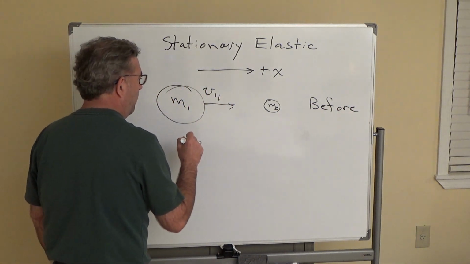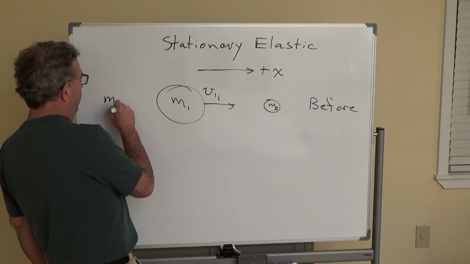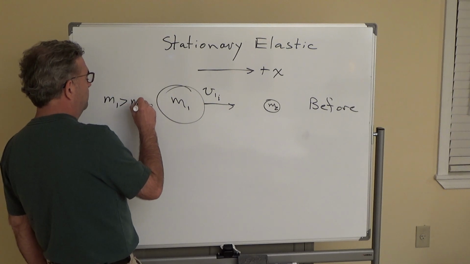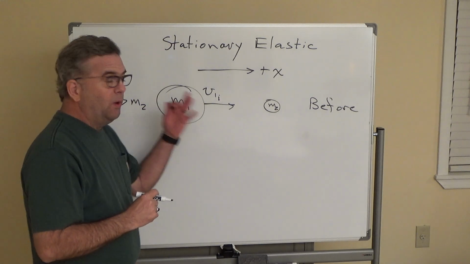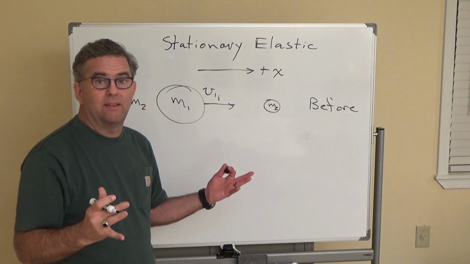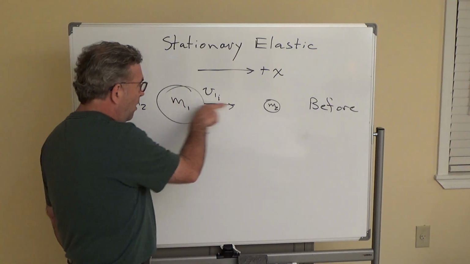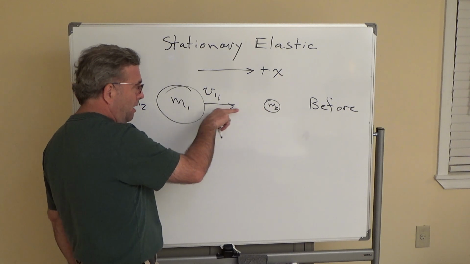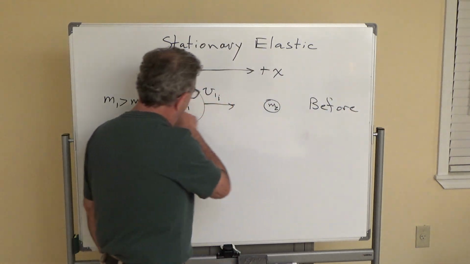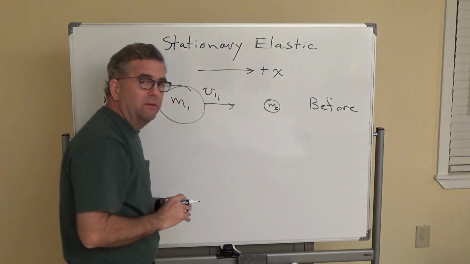This is before, and M1 is greater than M2. So what do you think's going to happen? Here's what I think's going to happen just from everyday experience. M1's going to come in, smash into M2. It's going to go that way, and M1's going to keep going.